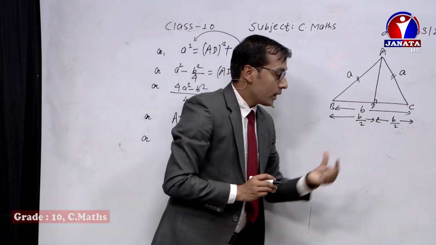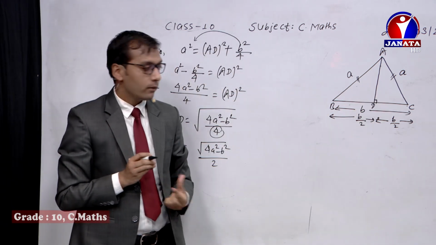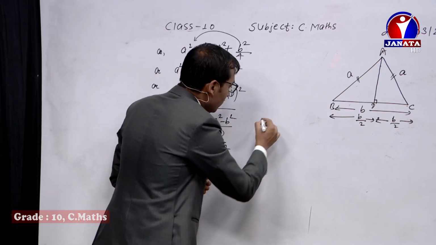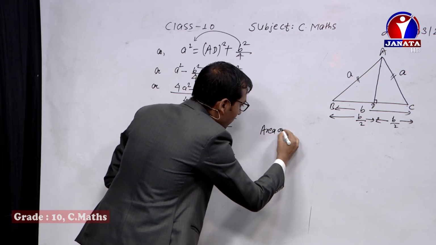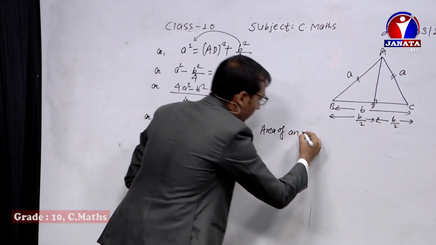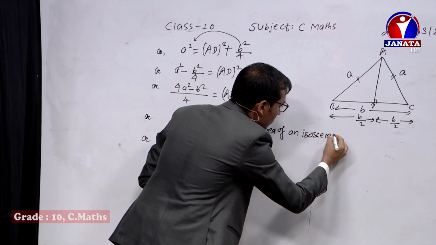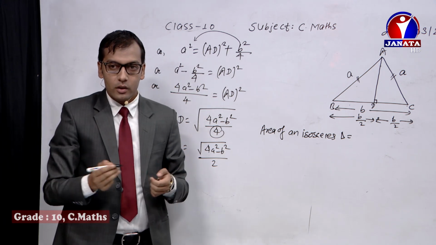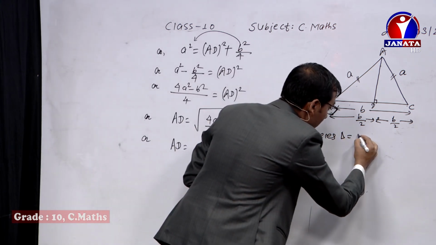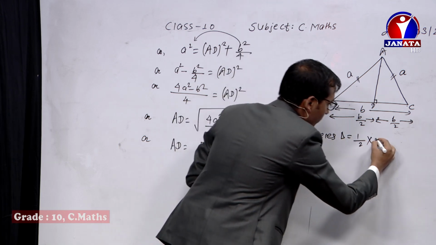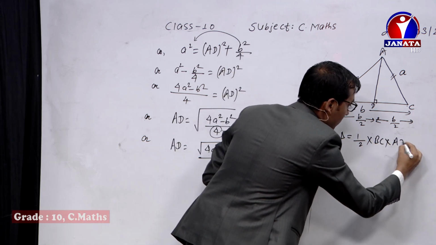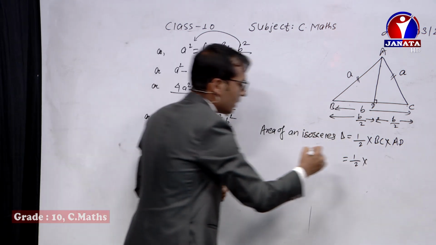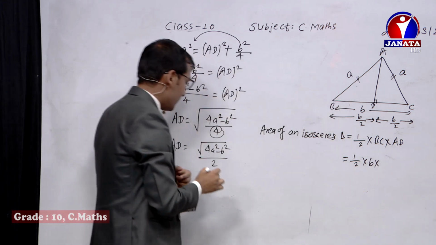Now I am deriving the formula for the area of an isosceles triangle. What is the area? The basic formula of a triangle is 1/2 of base BC times height AD. So 1/2 times BC, what is BC? B, times AD.